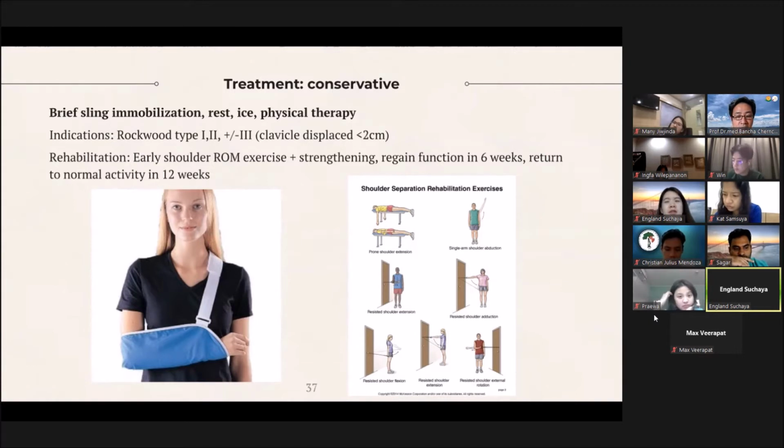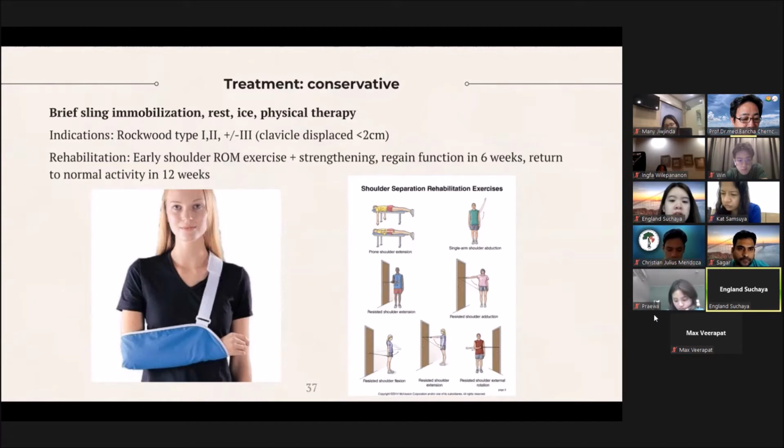If it is chronic, or more than 3 weeks, then conservative treatment is not recommended. The conservative treatment can include brief immobilization with rest or ice and physical therapy. For the sling, just the sling.